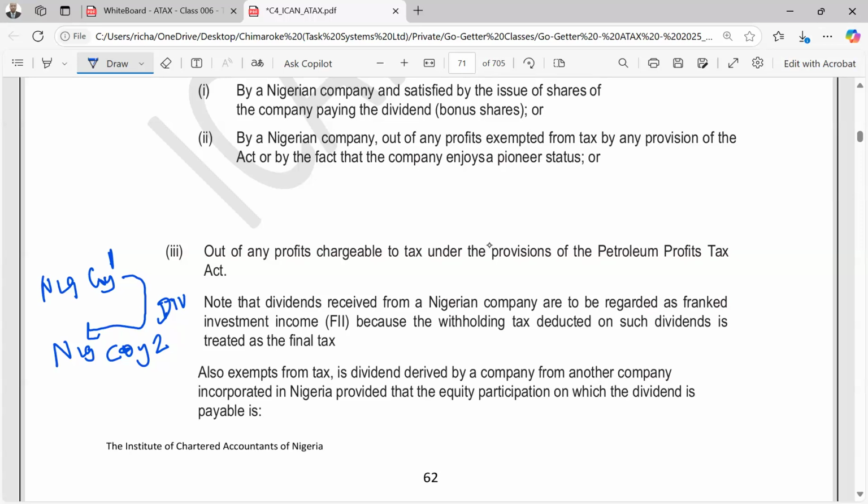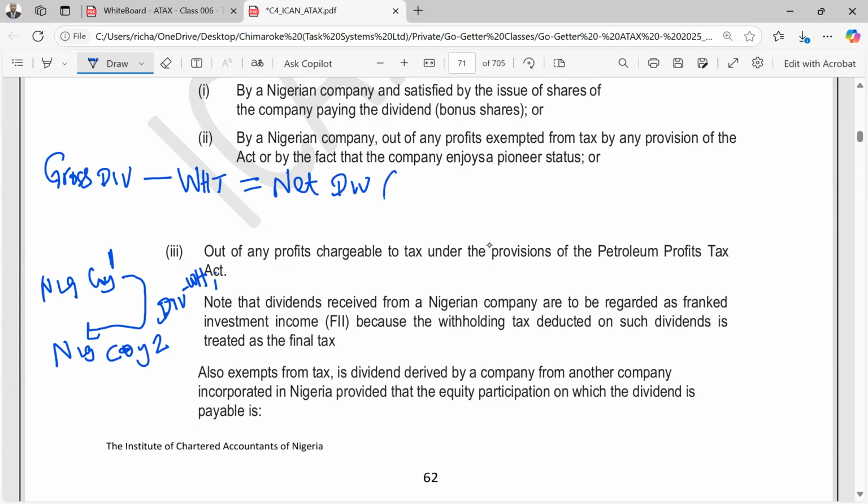So when company one is paying dividends to company two, the only thing it's deducting is withholding tax. So it means that gross dividends minus withholding tax equals net dividends.